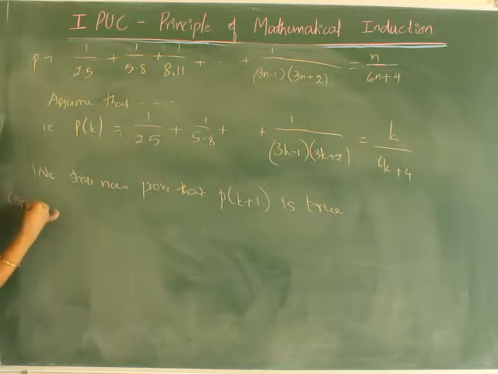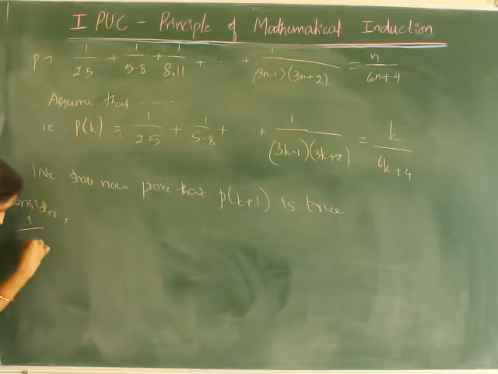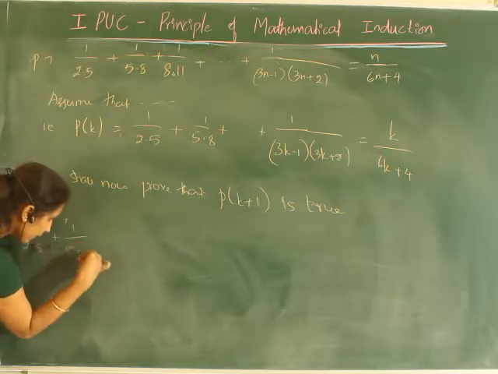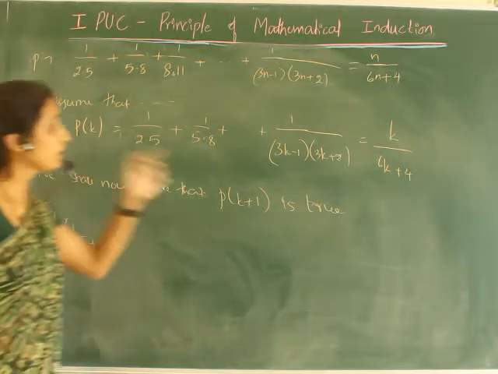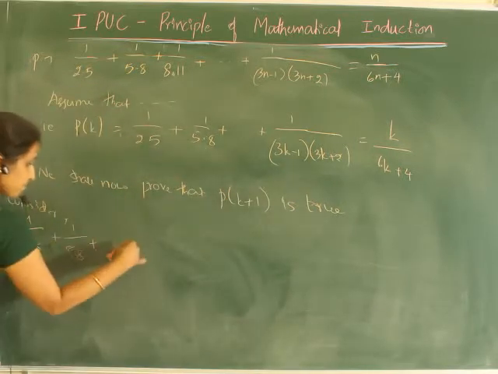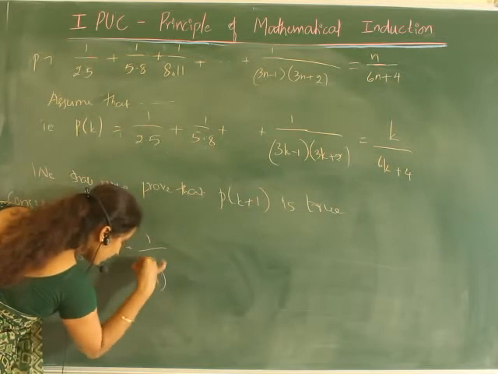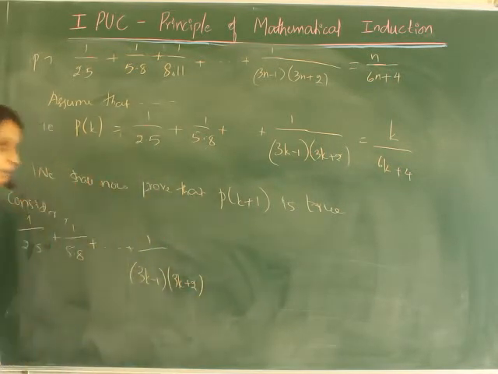So up to k terms, consider 1 by 2 into 5, 1 by 5 into 8, so on up to k means here we have to write 3k minus 1, 3k plus 2.